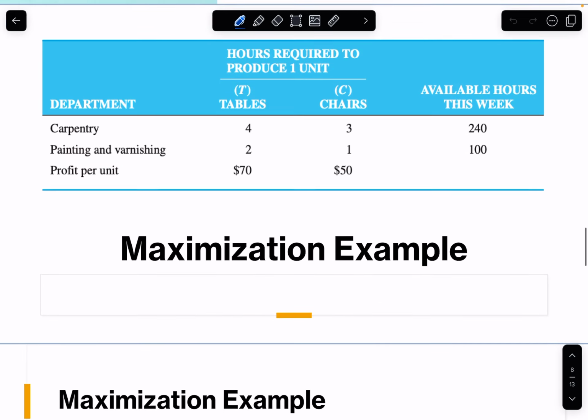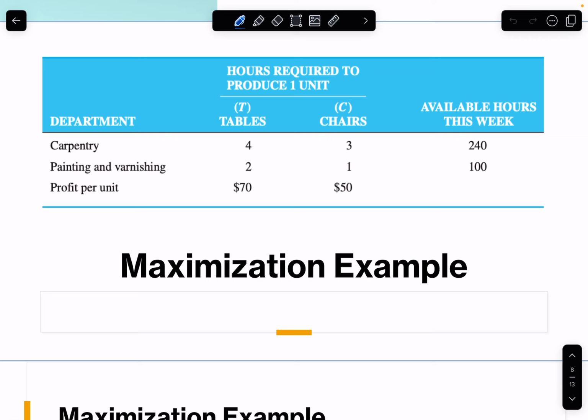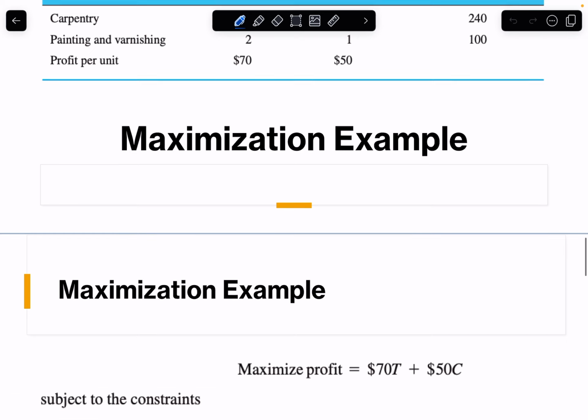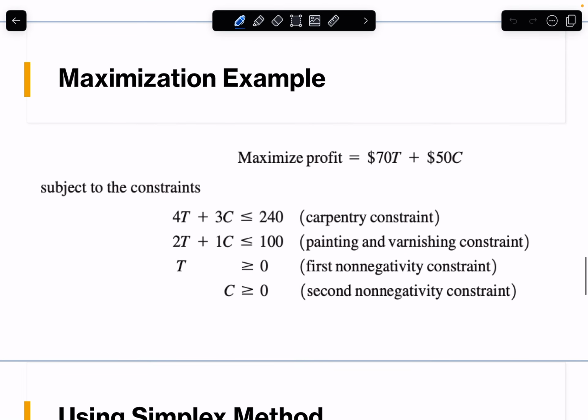So to better understand that, we will be repeating the same problem, just like what we solved for the graphical solution. So this is the LP problem. We have to maximize the profit of $70 times the number of tables, plus $50 for the number of chairs.